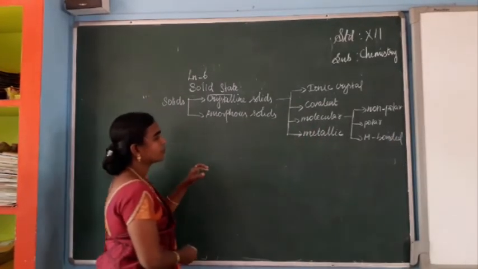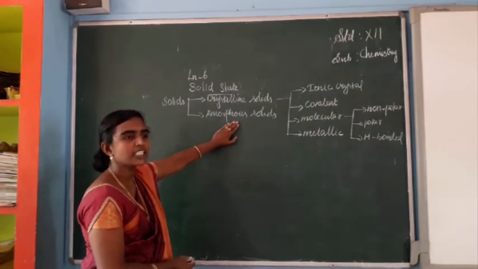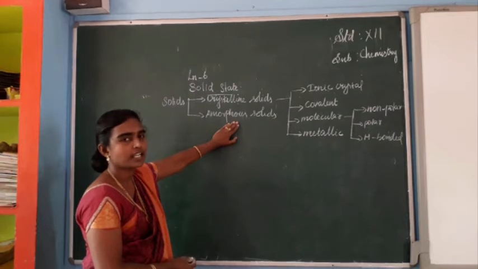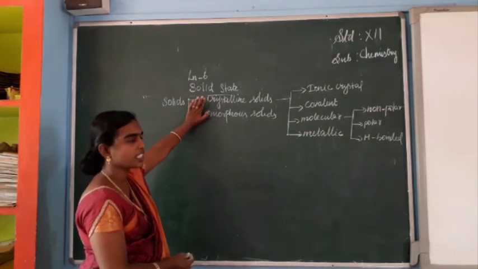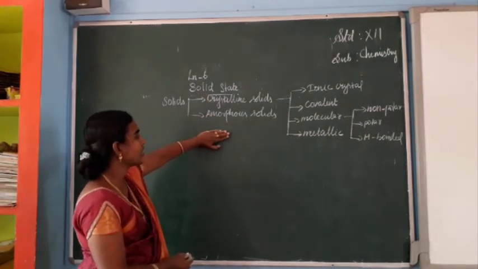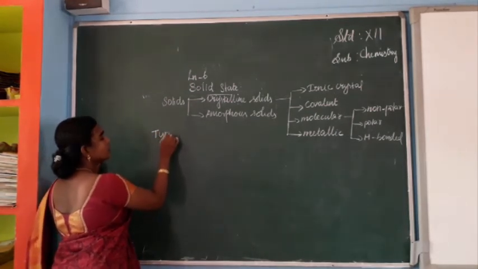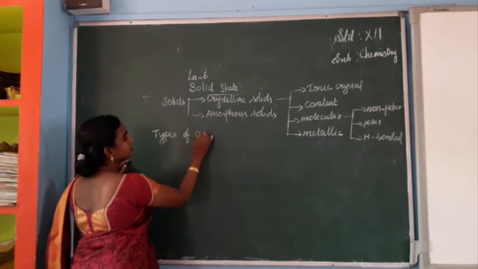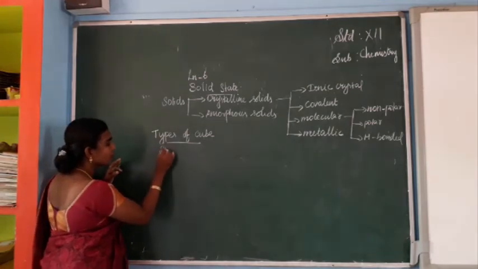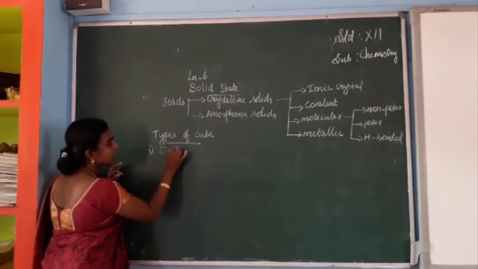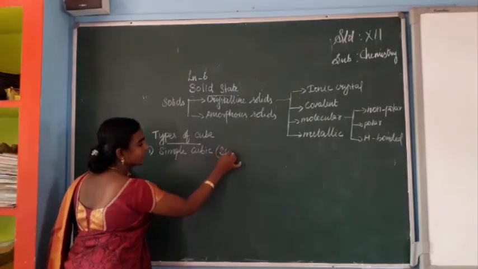Okay, so next we have seen the difference between crystalline solids and amorphous solids. The 5 points we have discussed already. Next we have seen types of cubic systems, isn't it? 3 types of cube are there. First one is simple cubic, that is SC.